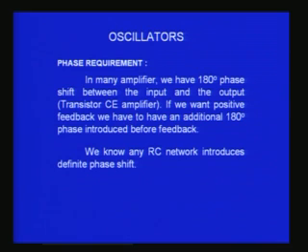If you want to have feedback, the feedback should be positive. That means the input voltage should be in phase with the voltage fed back from the output. If you take the output directly from this amplifier and give it at the input, it is 180 degrees out of phase.